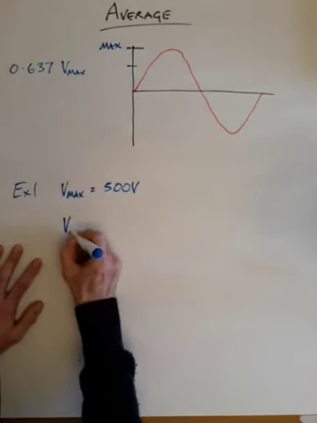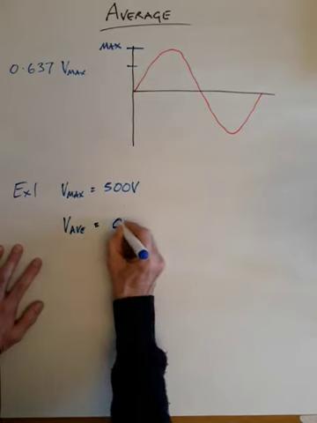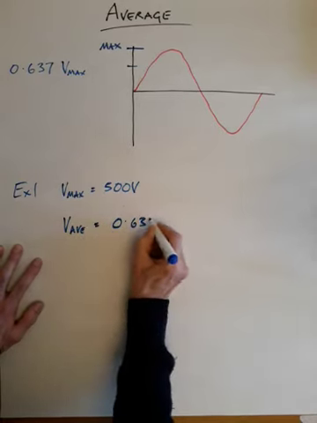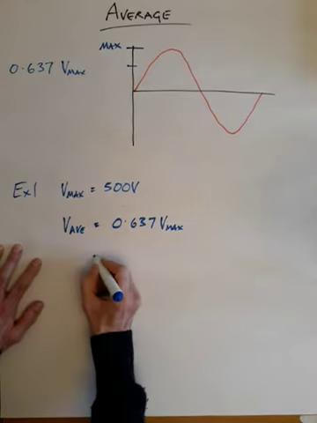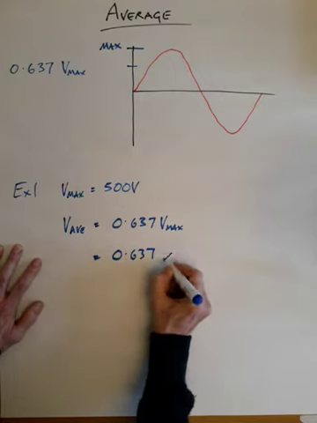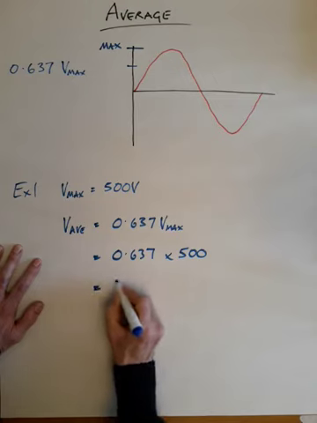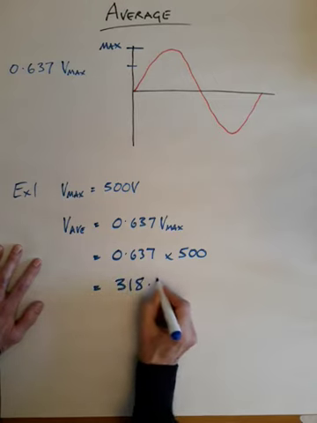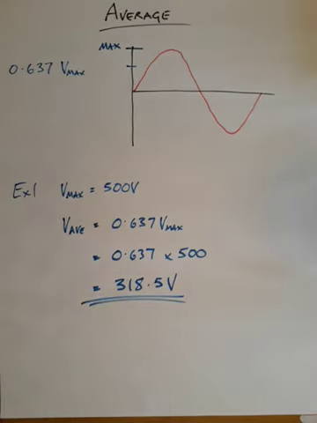So the average is 0.637 Vmax. Put your numbers in. And that comes to 318.5.